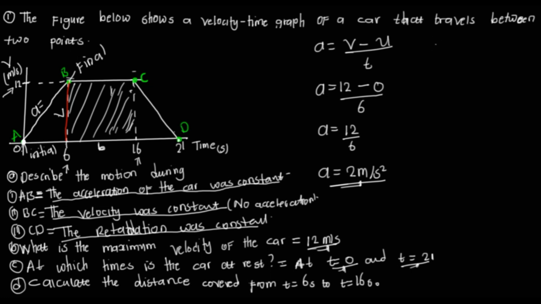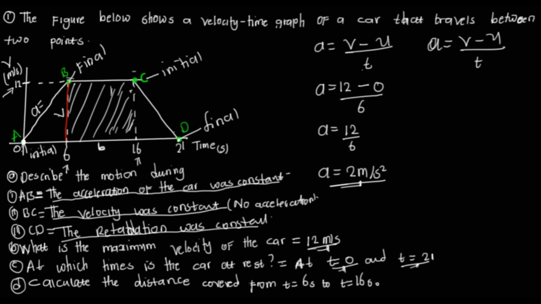So here we are going to say acceleration is equal to final minus initial over t. Now from this point, our C is our initial, because that is where the line is starting. Then our D is our final. So this is how you need to take from the graph.